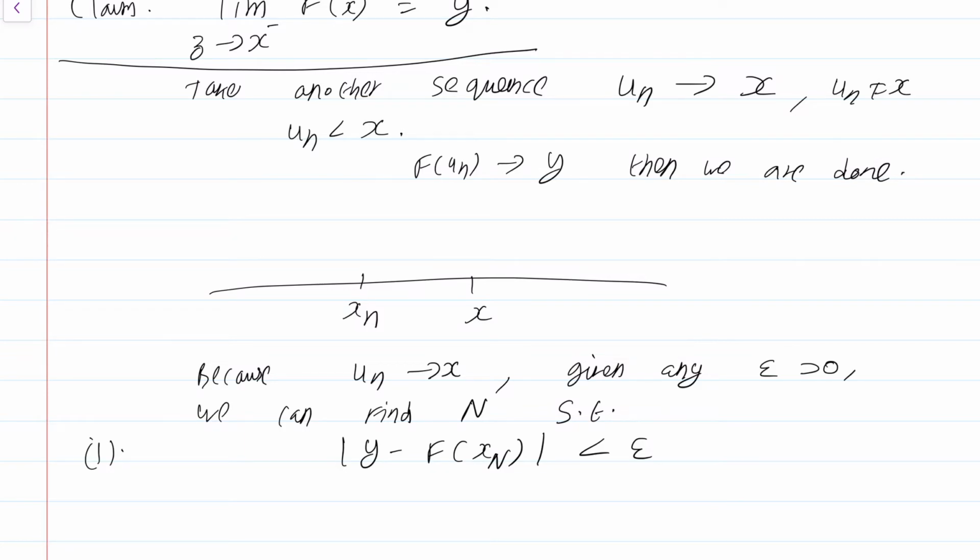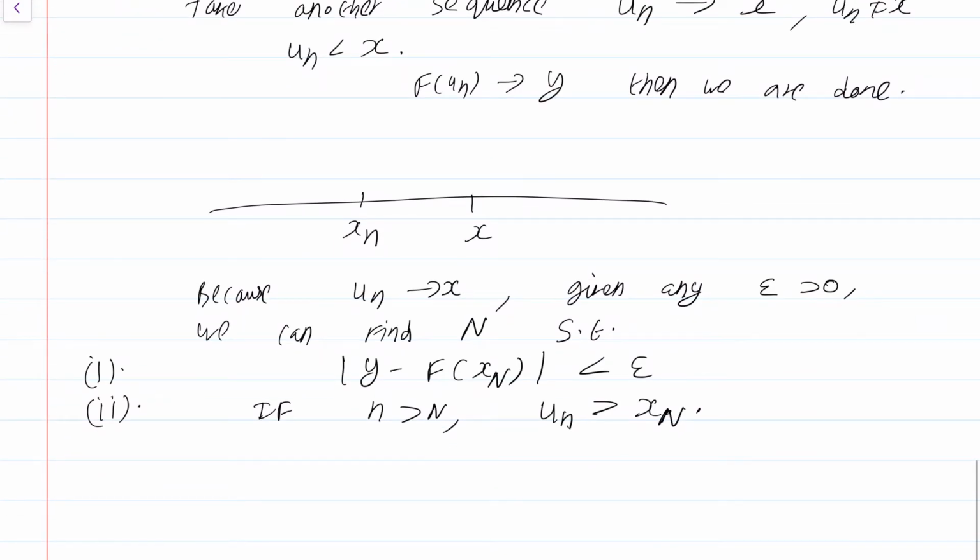Okay. Second is, if small n is greater than capital N, xn is greater than x capital N. This requires maybe 30 seconds of thought. Well, think about what is happening. xn is somewhere over here.